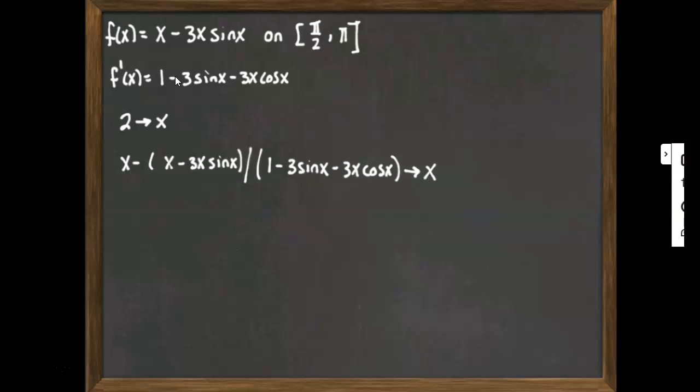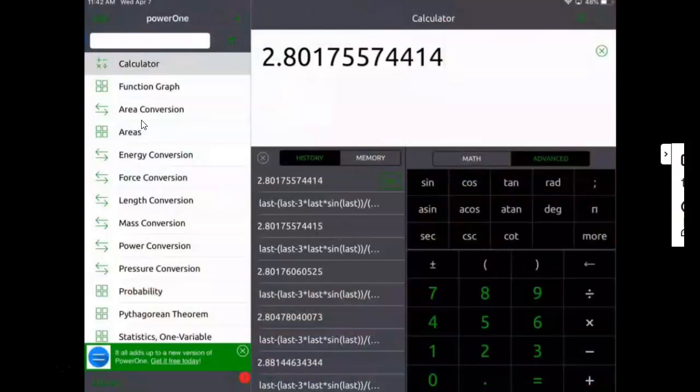Okay, and then we're going to go to our calculator and start doing that. I picked 2 because I need something between pi over 2 and pi. Pi over 2 is about 1.57. Pi is 3.14, so 2 is kind of the only whole number really that's in between those other than 3. So I'm going to try 2 as my guess. And so I go into my technology here and put 2 in as my initial guess.